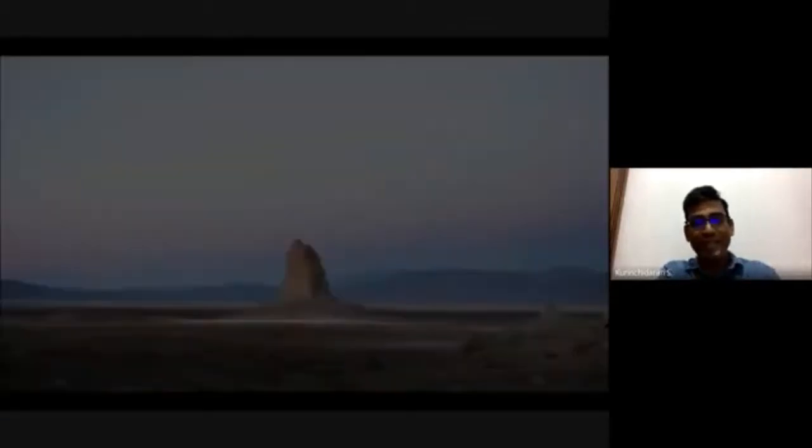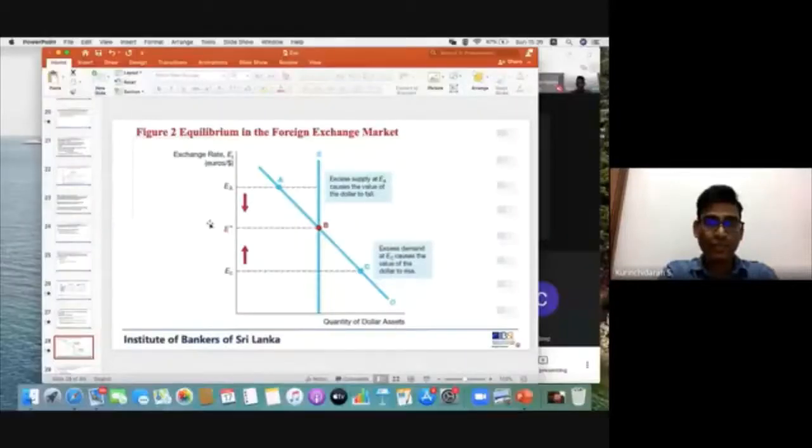Let's assume the second point, at C, where you can see the supply is less than the demand. That means excess demand. So people are demanding dollars more than their supply. Then what will happen? The value will increase, right?